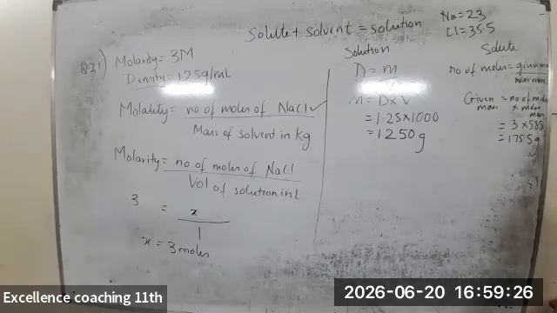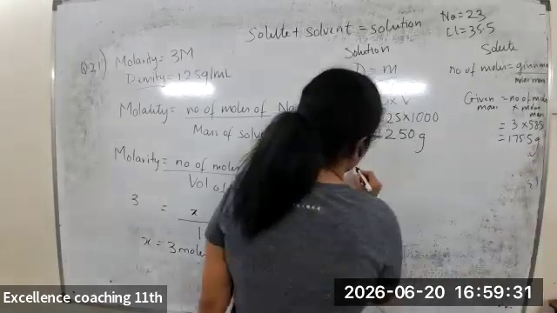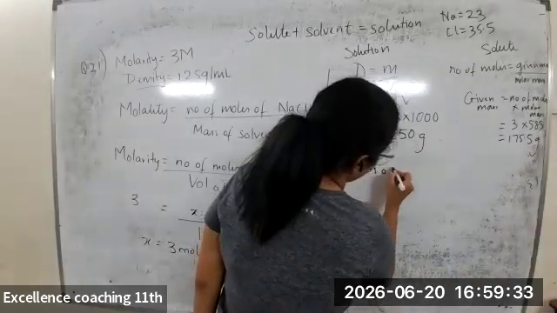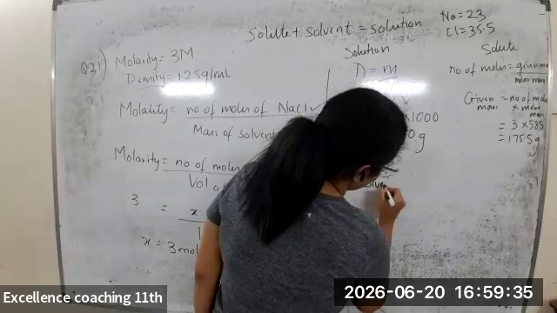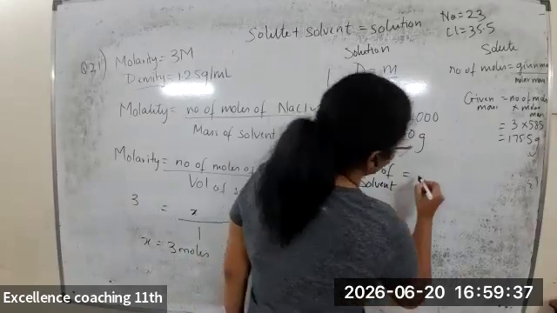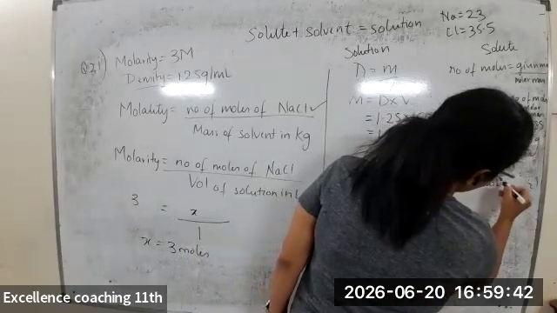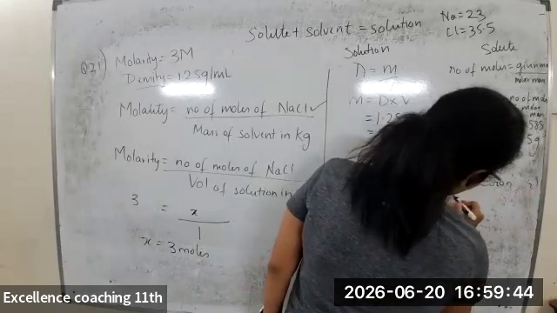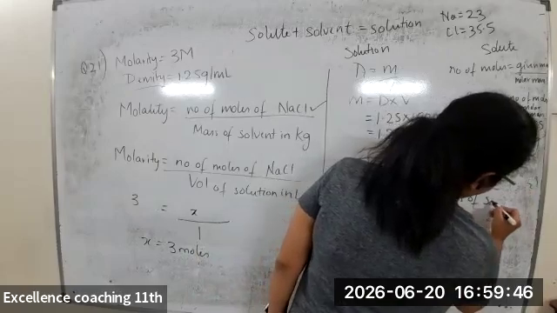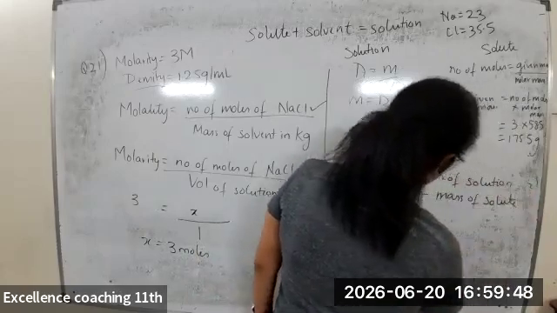Now what will I do? Now I will find the mass of the solvent. So basically, mass of solvent will be equal to mass of solution minus mass of solute.